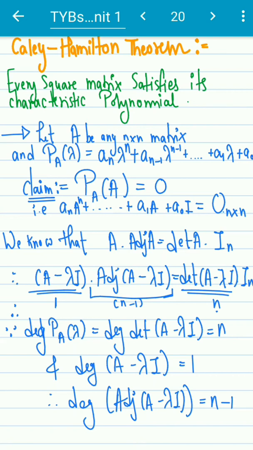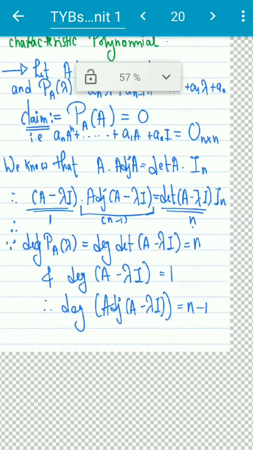So I want to write it in a similar way as we wrote the characteristic polynomial. Let me just zoom in. Okay, let's go like this.